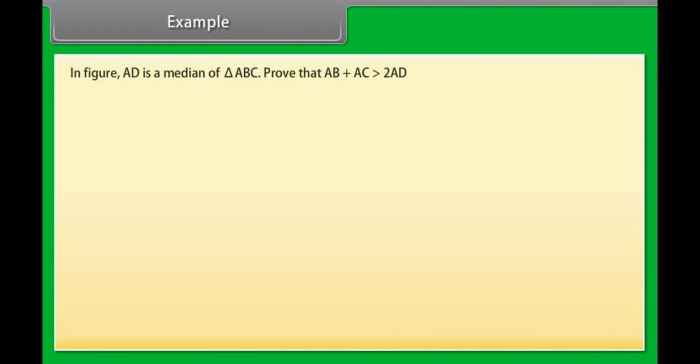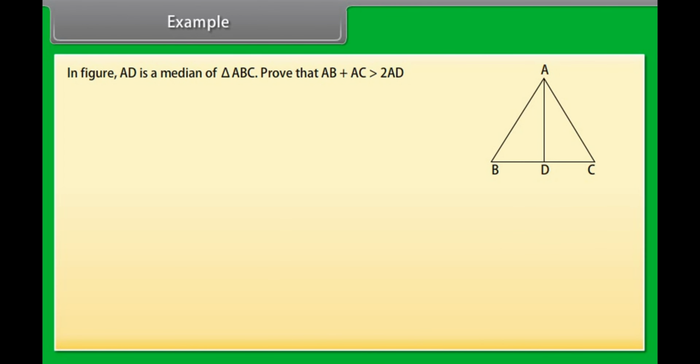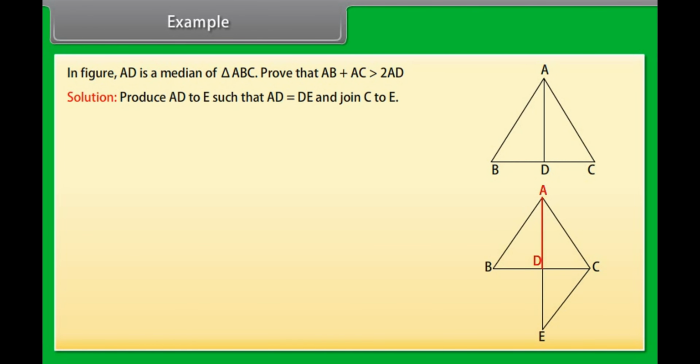Example. In the figure, AD is a median of triangle ABC. Prove that AB plus AC is greater than 2AD. Solution: Produce AD to E such that AD is equal to DE and join C to E. Consider triangle ABD and triangle ECD. Here BD is equal to CD. Angle ADB is equal to angle EDC. AD is equal to ED.